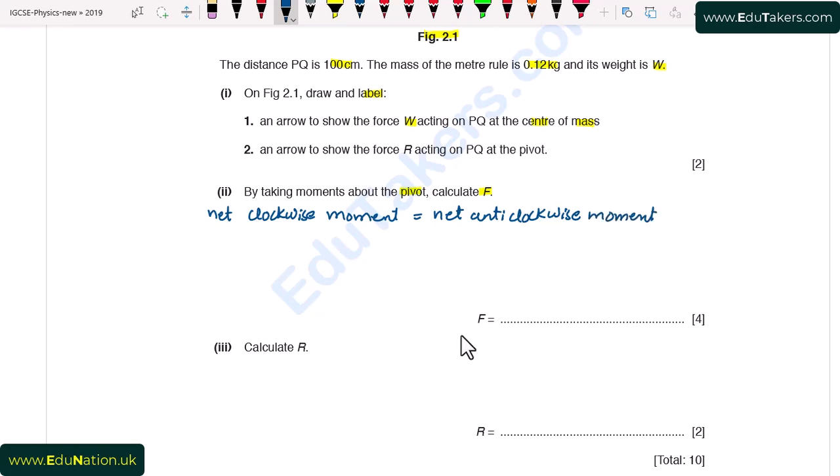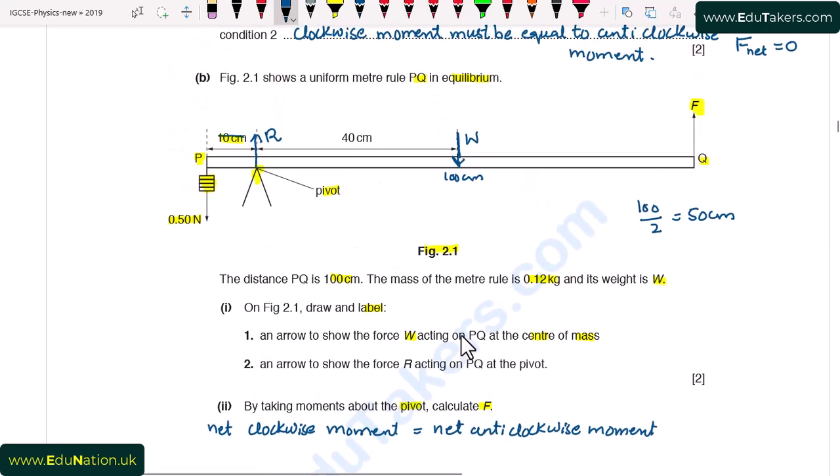net anti-clockwise moment. So the clockwise moment is caused due to weight, that is W here, and the anti-clockwise moment is due to this F force and the force that is acting at point P. So I write here, and we know that the moment is the product of force and perpendicular distance from the pivot point.